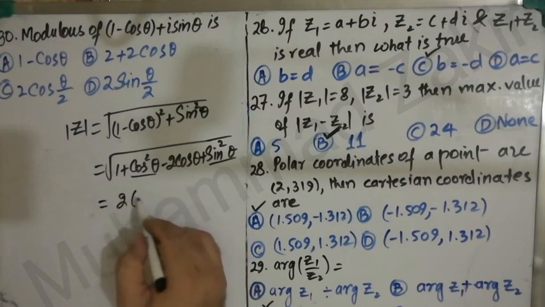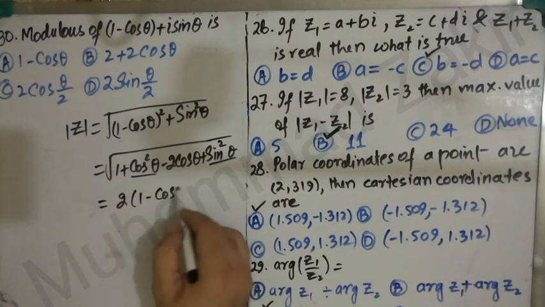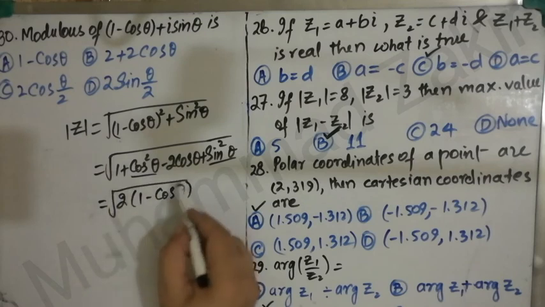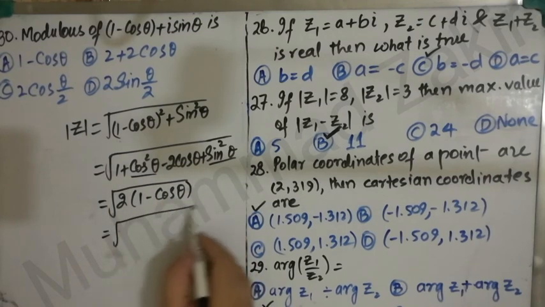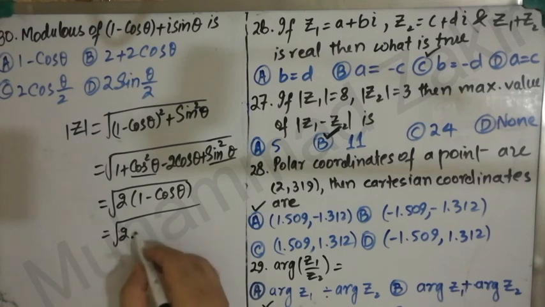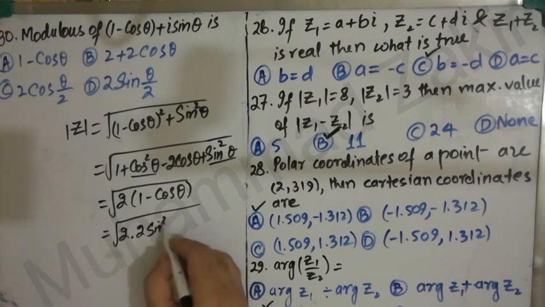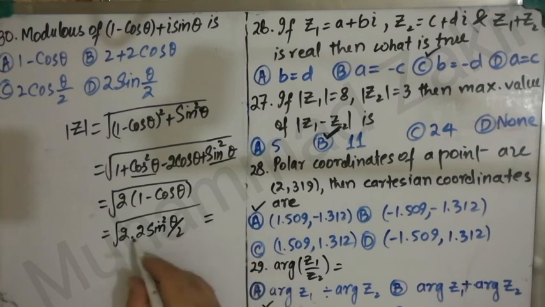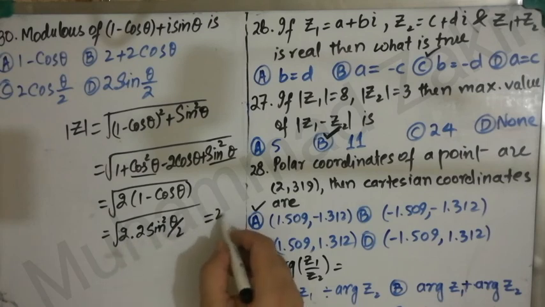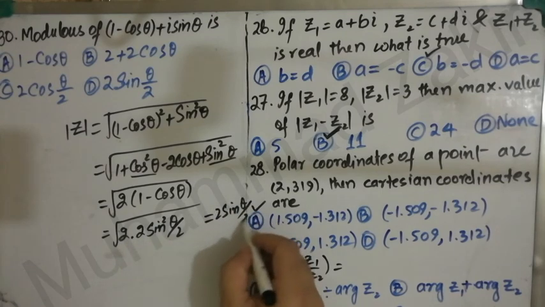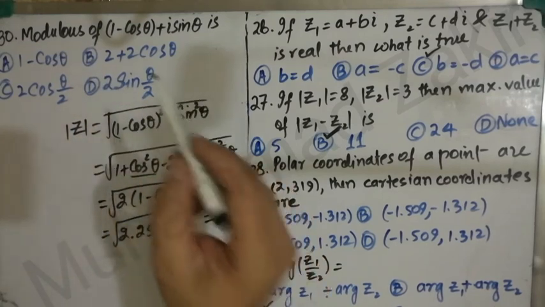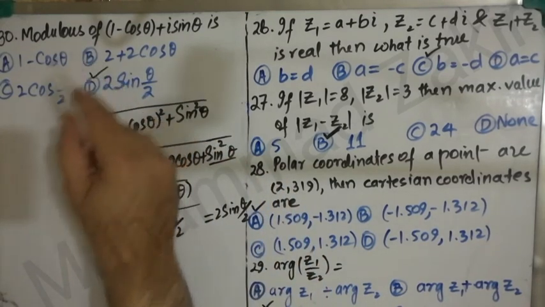If 2 is taken common, 1 minus cos theta, it will become under the root, and 1 minus cos theta is equal to 2 sin square theta by 2. So 2 multiplied by 2 is 4. 4 root is 2 sin theta by 2. This will be the answer. 2 sin theta by 2 is D. D is the correct option.